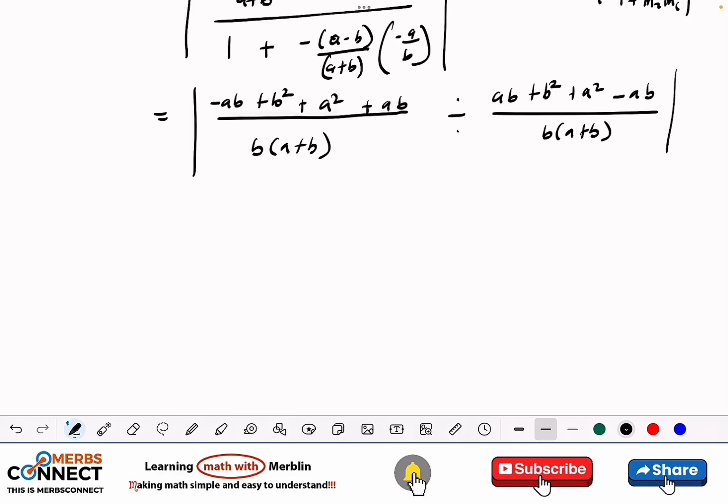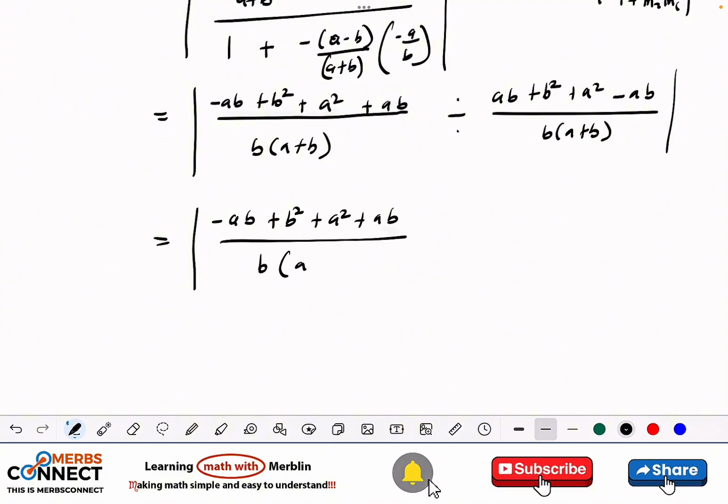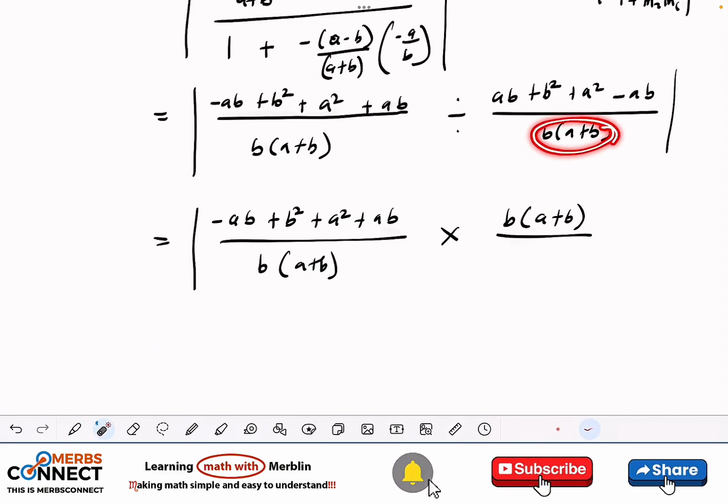So this is going to give us absolute of minus ab plus b squared plus a squared plus ab divided by b a plus b times b a plus b. So you see that now I'm moving this one top here and I'm writing this one. I want to write the top in the form of this.